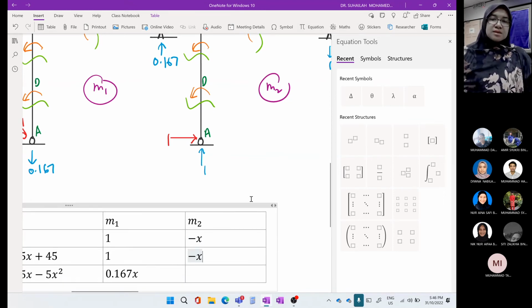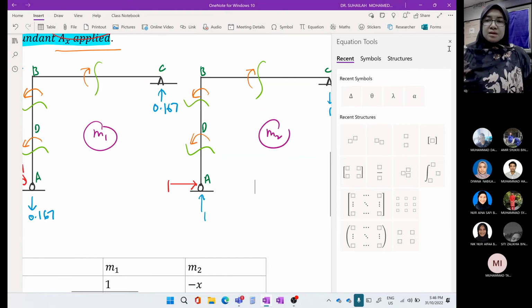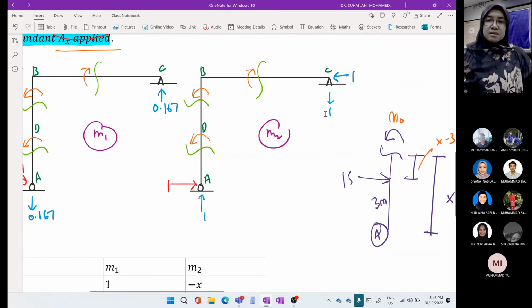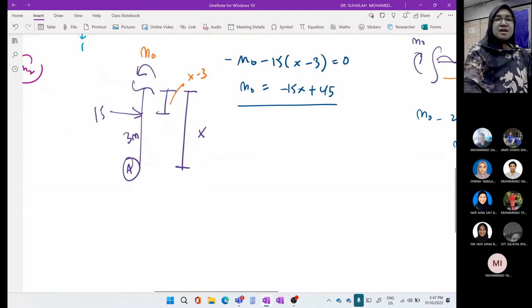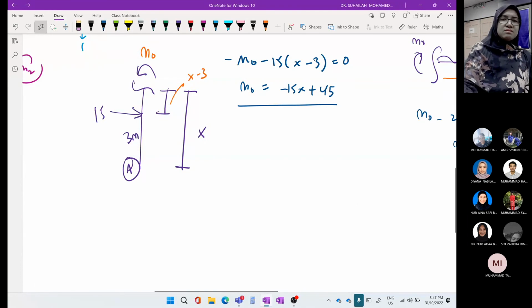And this one? X or negative X? X. Is it X?